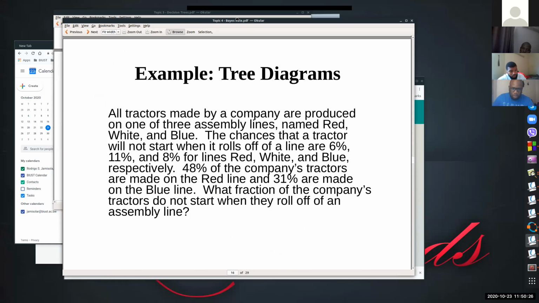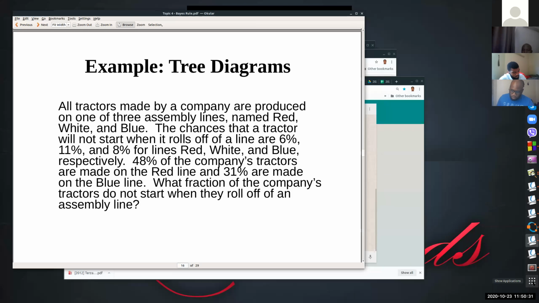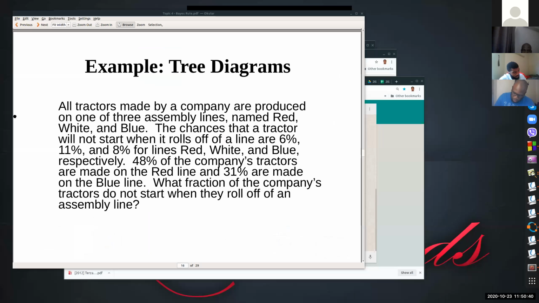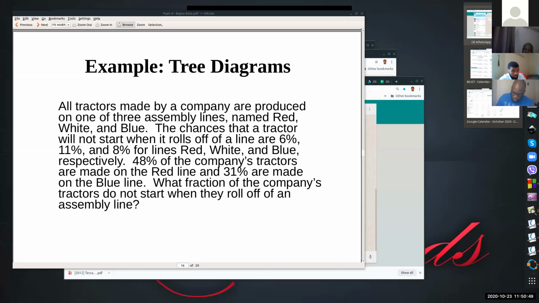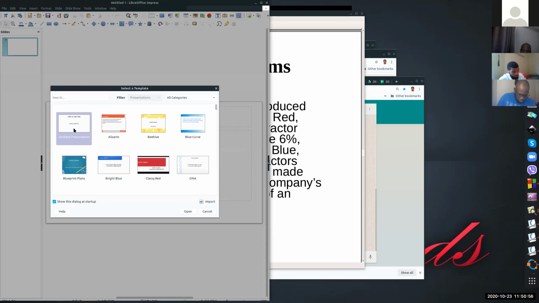Let's extract the information first so that we'll enjoy this more. Let's open Impress, a blank presentation.